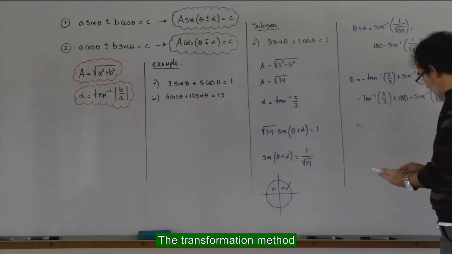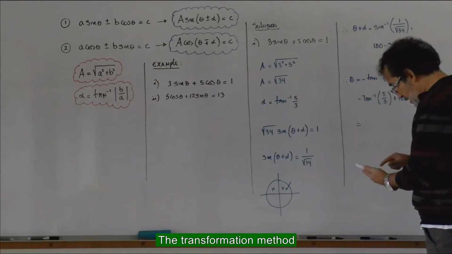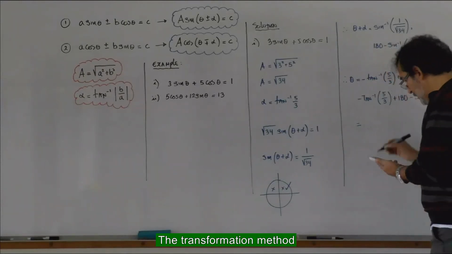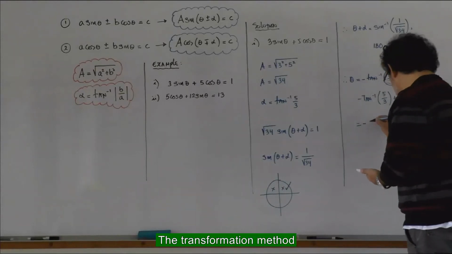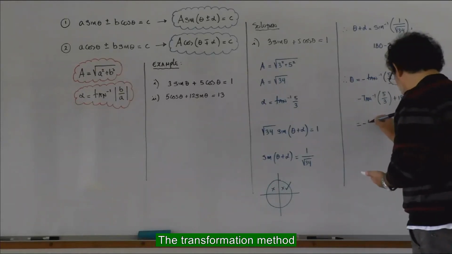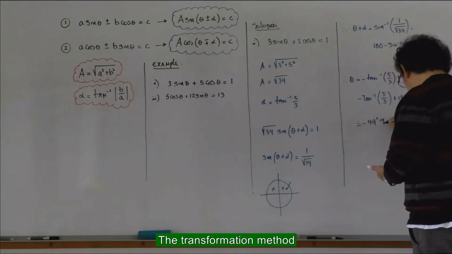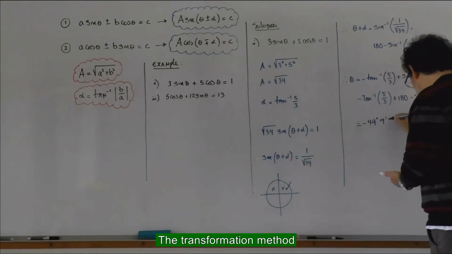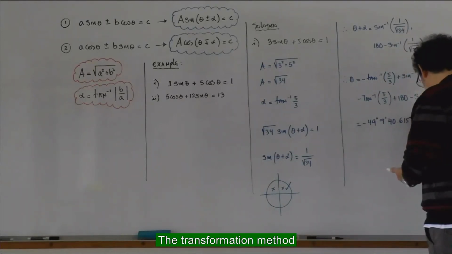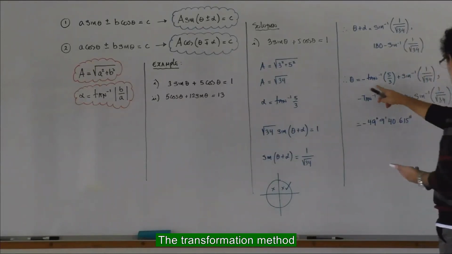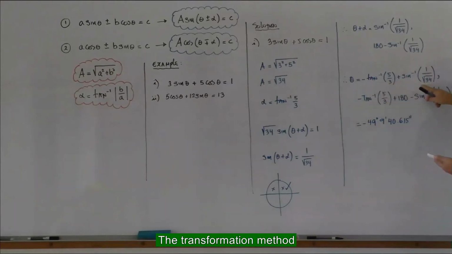That will give me negative 49 degrees 9 minutes and 40.615 seconds. So that is the answer coming from the first expression.